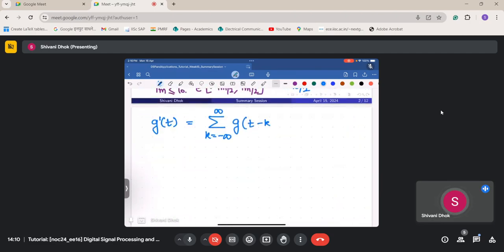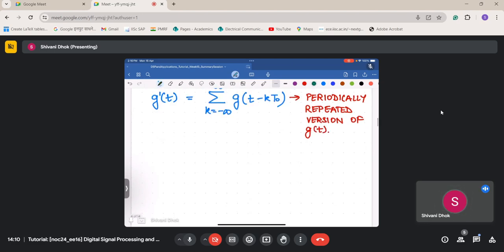This is the periodically repeated version of g(t).